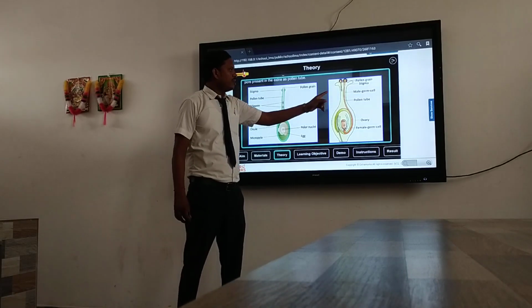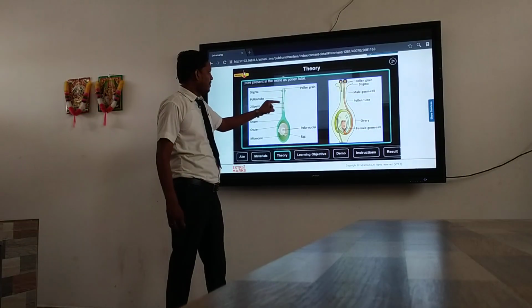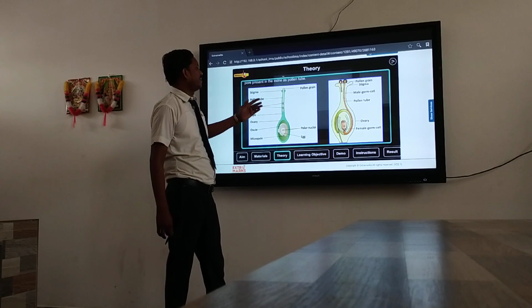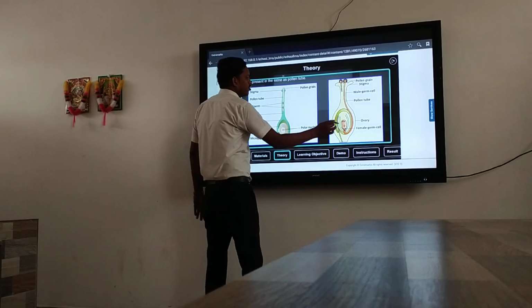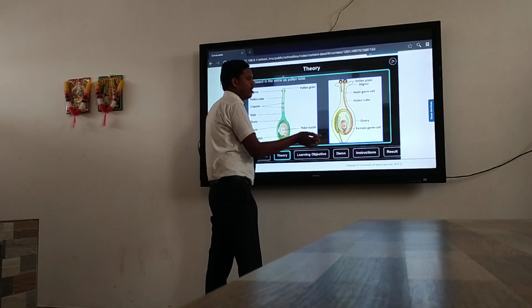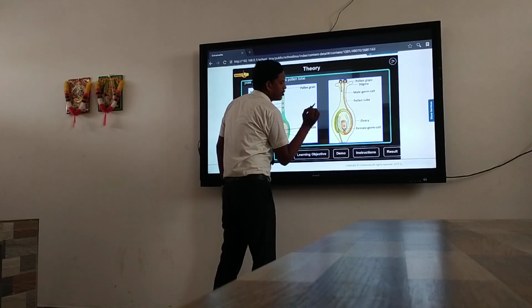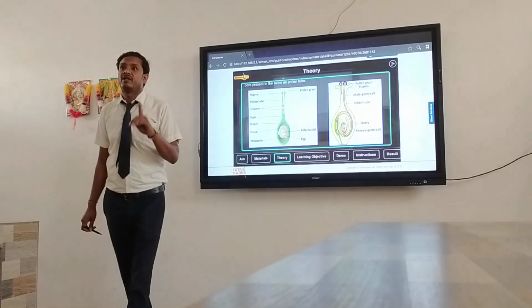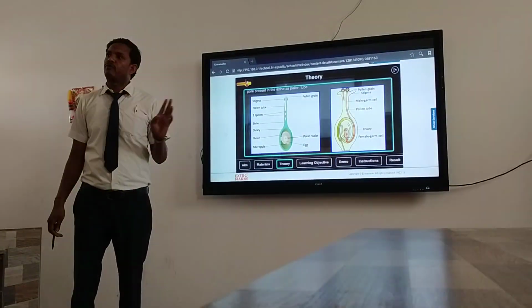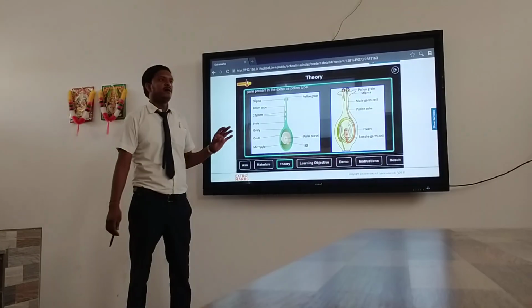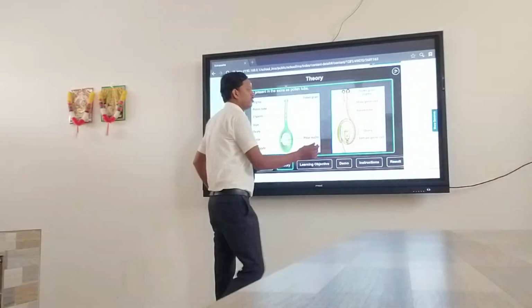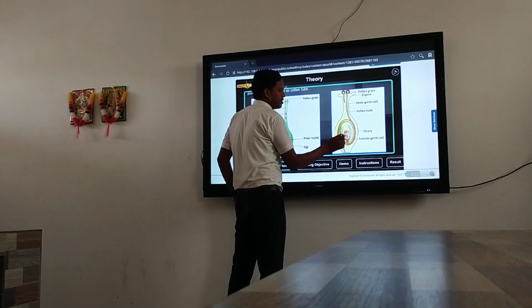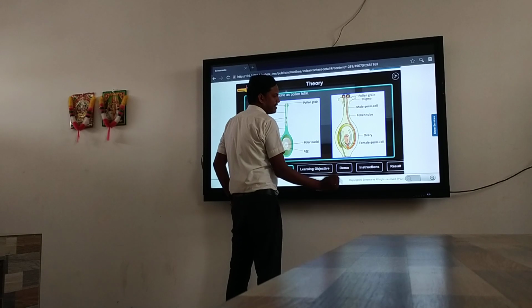Through the pollen tube, these two gametes that you are seeing here, mentioned as sperms, are going to make their entry. The generative one is going to fuse with the egg cell, and the vegetative one is going to fuse with the polar central nuclei. Here you can see two nuclei are present.